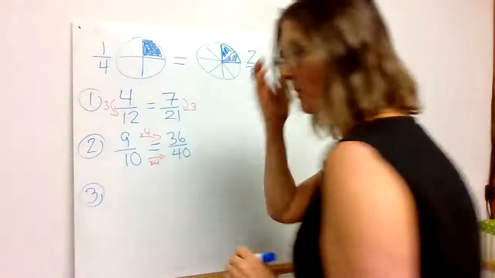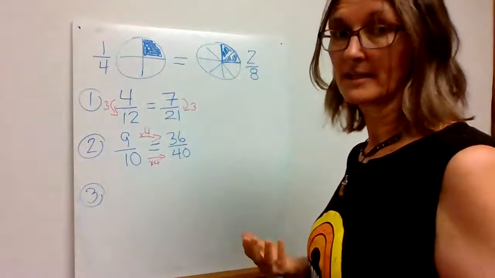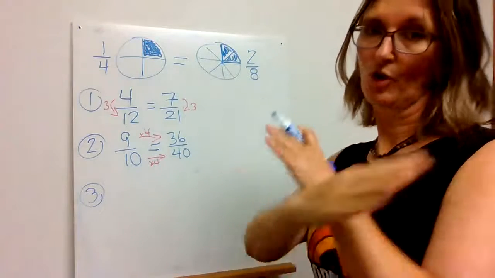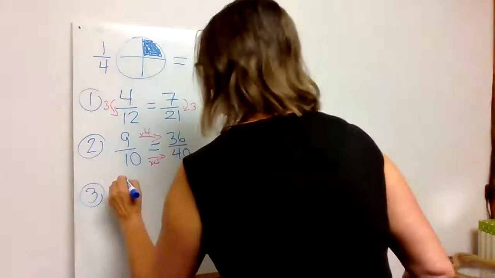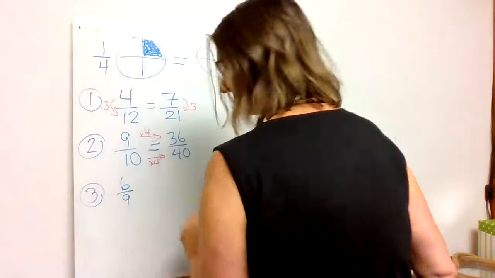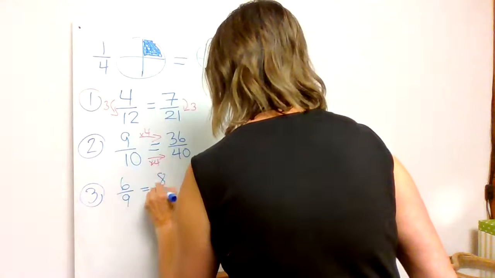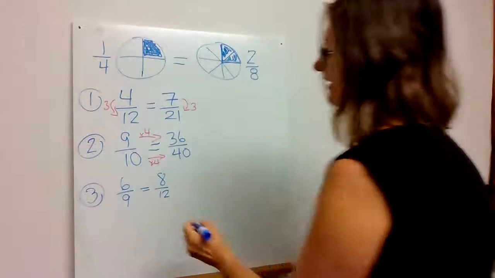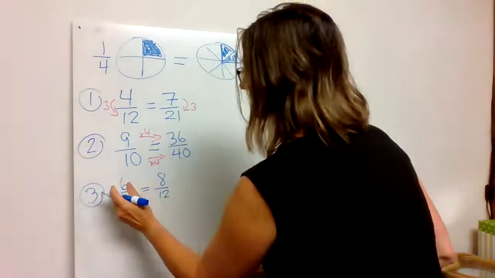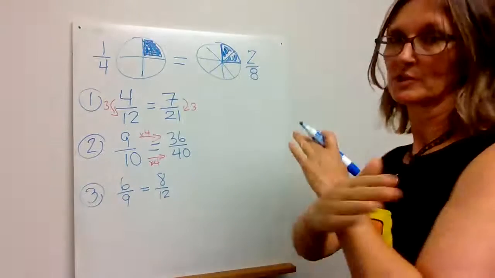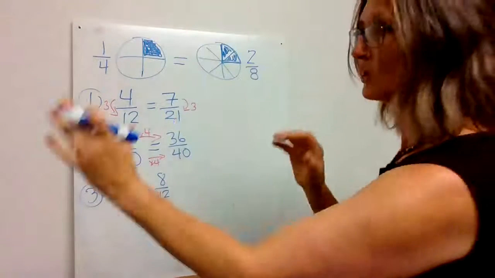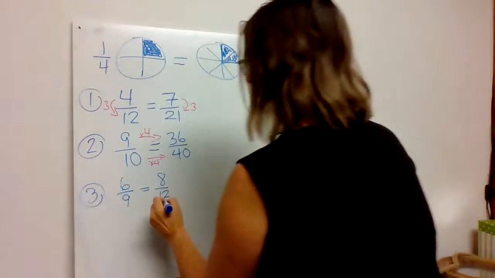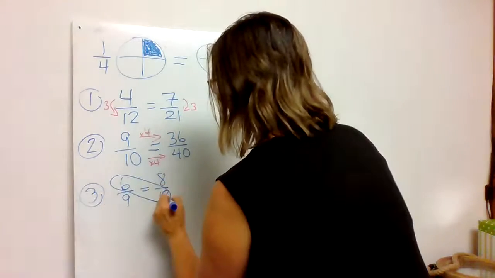So this is our most common, and what you'll see on most videos is cross multiply. So if we have 6 of 9, that equals 8 of 12. It does, and I'm going to show you how. You want to have your cross multiplication answers equal on either side. So we cross multiply.